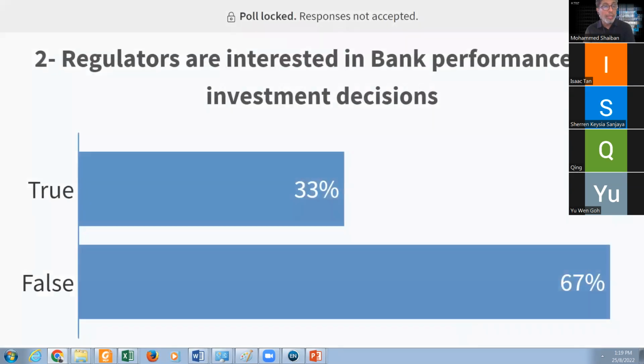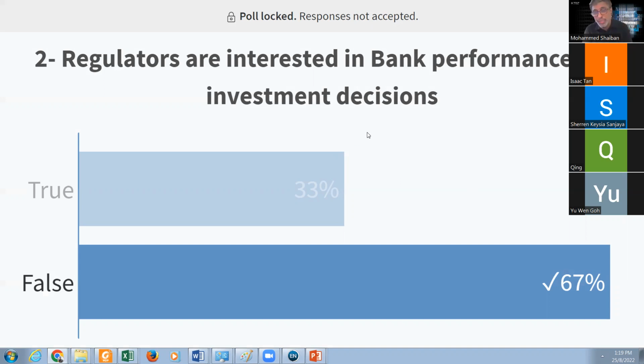So, coming back to here. For the people who chose 33%, the central bank and regulators are not interested in our performance because we report to them every 3 months, sometimes every month. Sometimes they come, they just want to see that we have good control of the risk, because if we fail, we will hurt the economy. Regulators supervise us for this purpose, to see whether we are doing well.